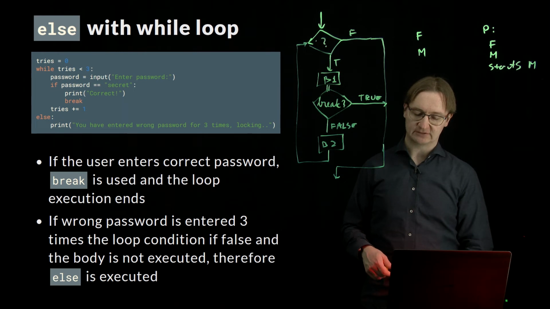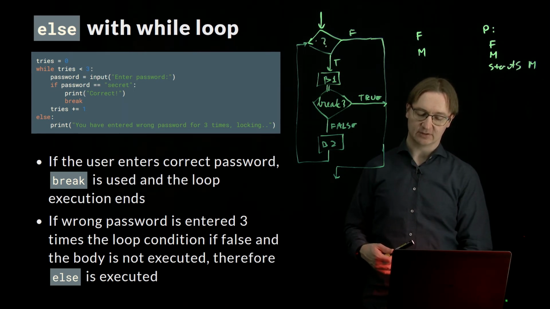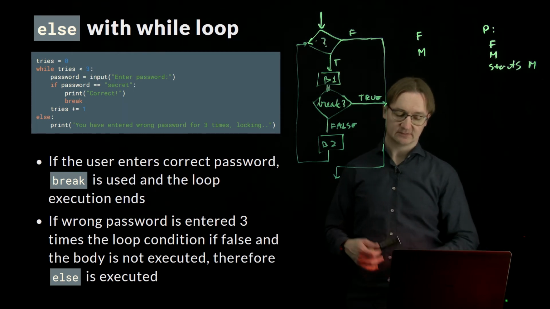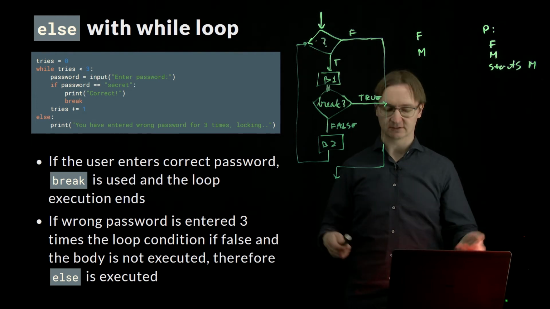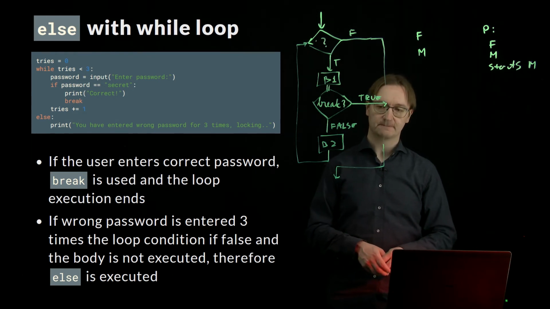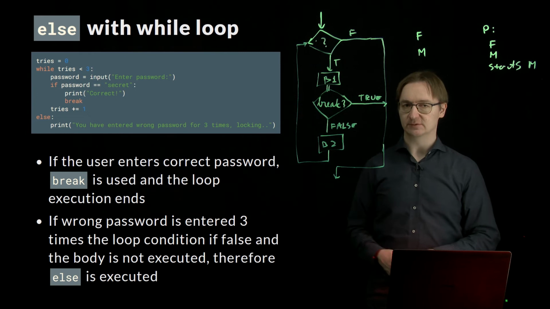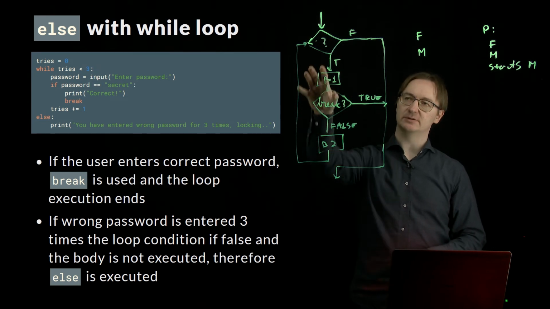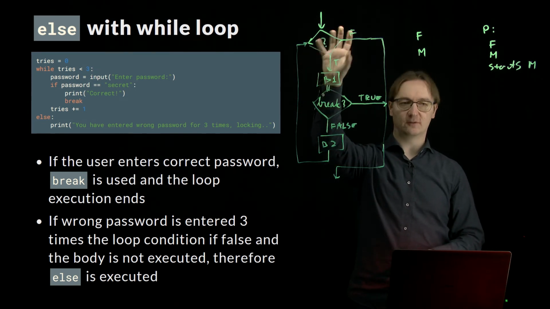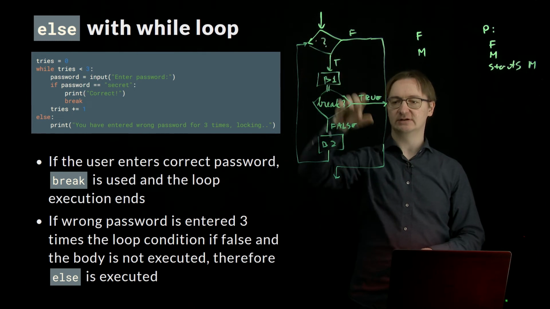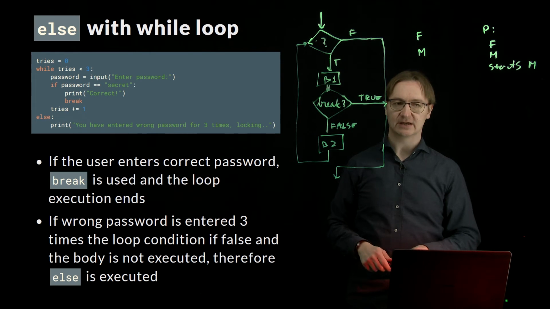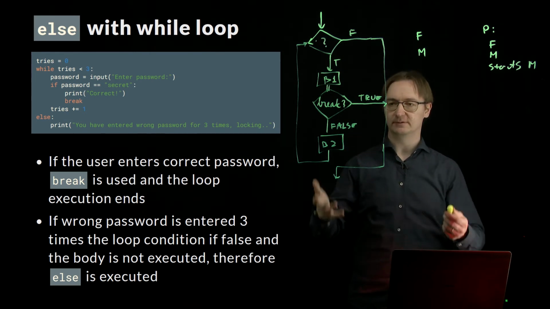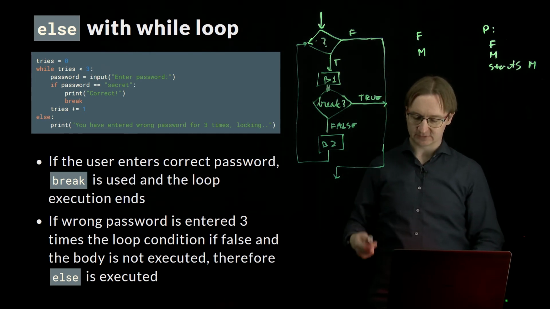Now, because we haven't used break, we get into this else part, and we can say that you have entered a wrong password 3 times. Now we are locking the computer, or whatever we can do here. So this is one way to use it, but it doesn't matter whether we use a while loop or a for loop here. You can use the else part to execute some code in the case when the loop finished normally without using break.